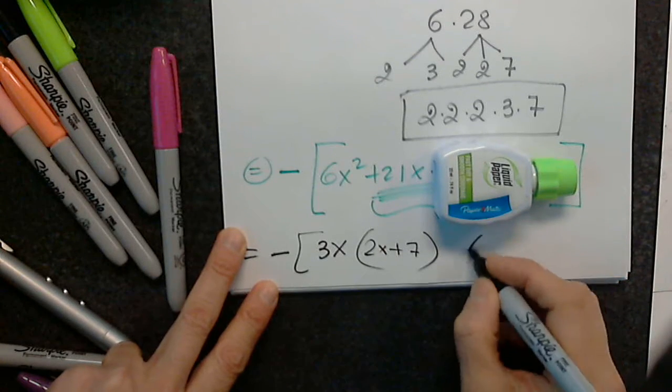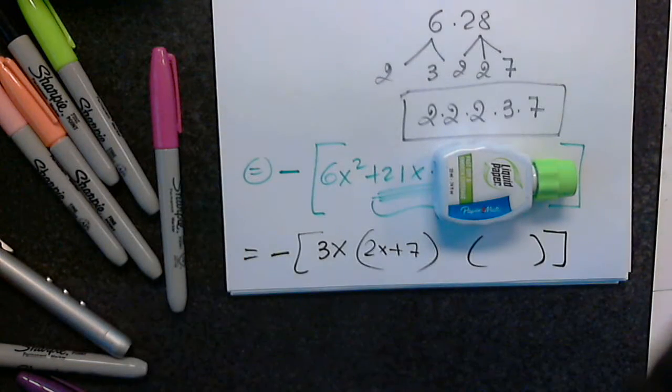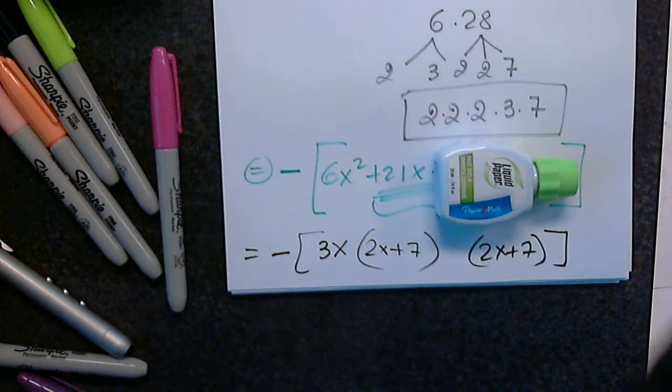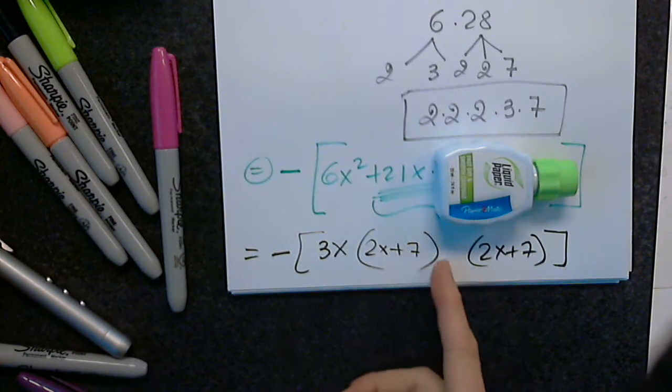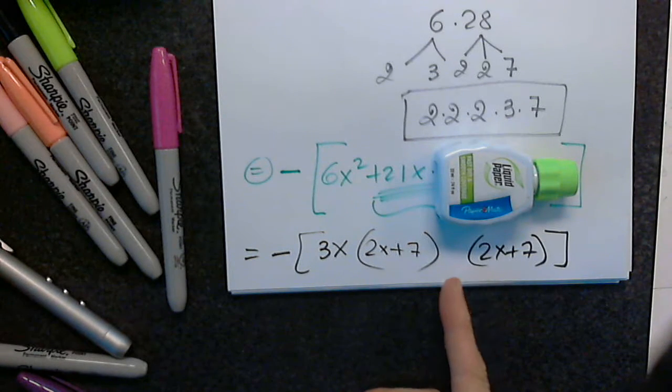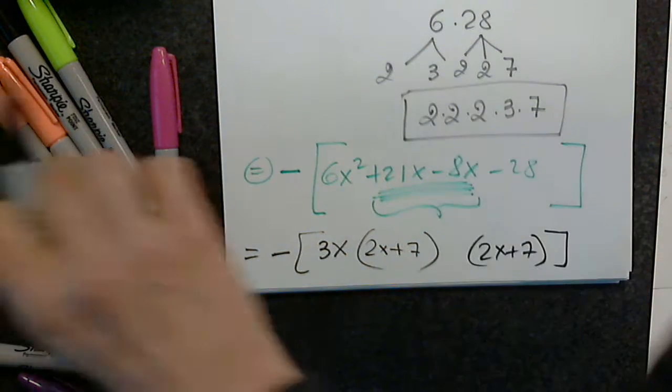Very good. What should I have from the other two before I even look? Because who knows what mistake I come up with. 2x. I always surprise myself. It has to be 2x plus 7, right? So now I look. Remember, I need two things. I need a symbol, and I need something to be pulled out. Even if it's 1, but I need a symbol and something to be pulled out from the other two.